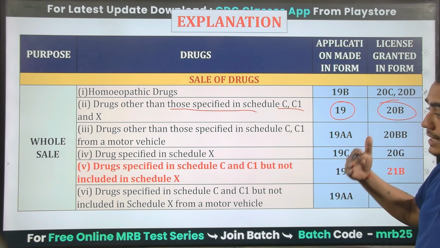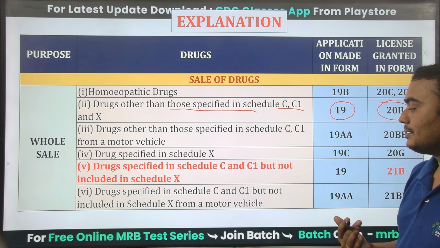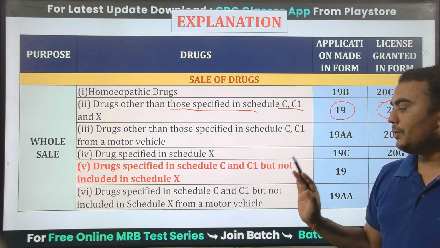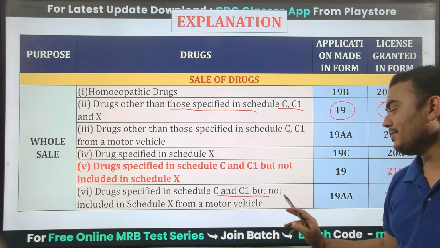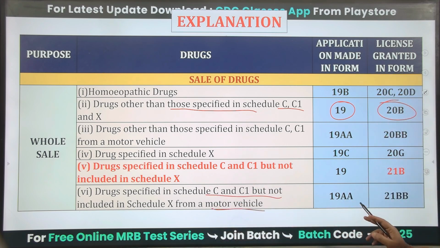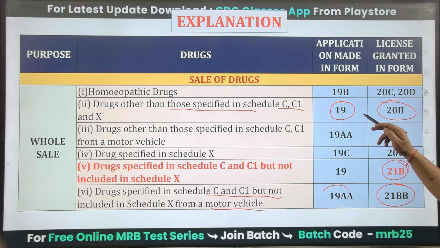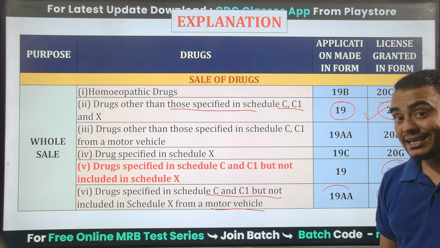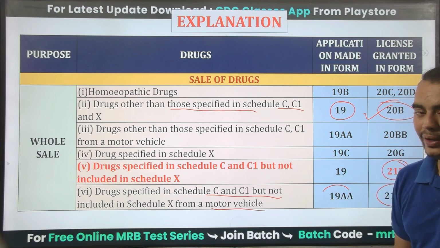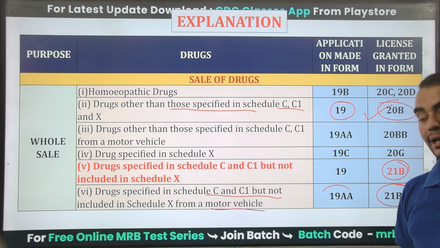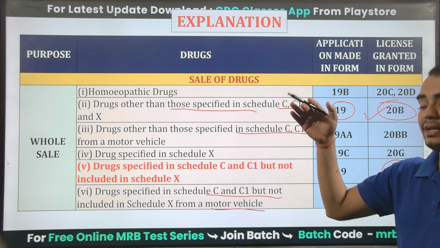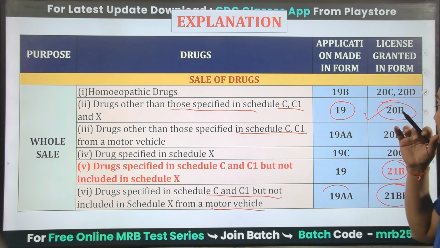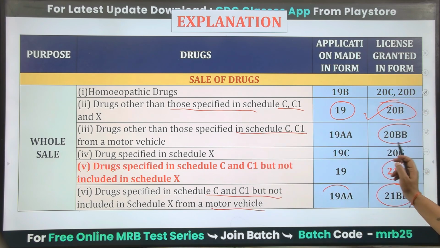Now we have C, C1 excluding X, where it has C, C1 but not included in X, that is 21BB with motor vehicle, but 21B. So other than C, C1, X it is 20B; C, C1 excluding X, 21B. Next we have C, C1 including X, that comes under 20G.